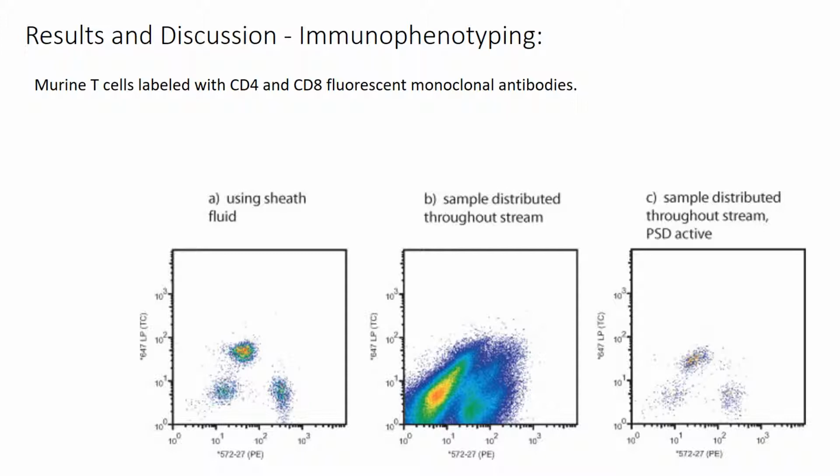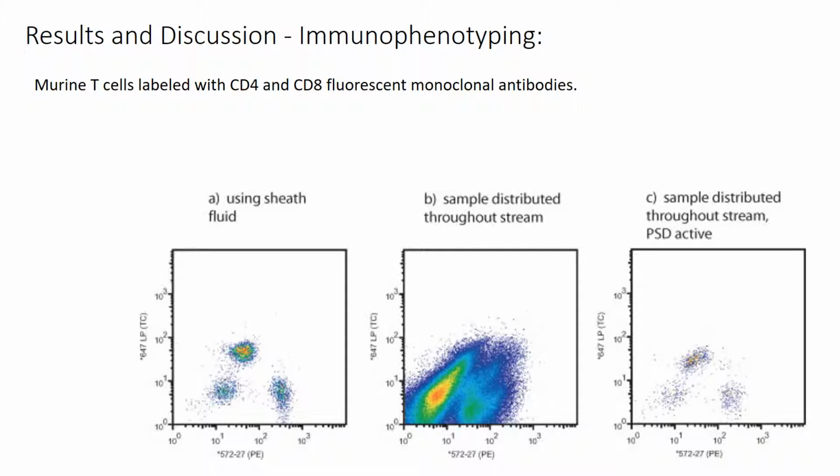Picture B in the middle is the result without applying a gate that determines the virtual core, and picture C is the result from virtual core flow cytometry with the integration of the gate to determine the virtual core.